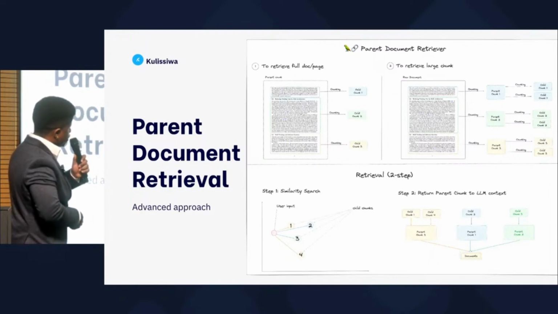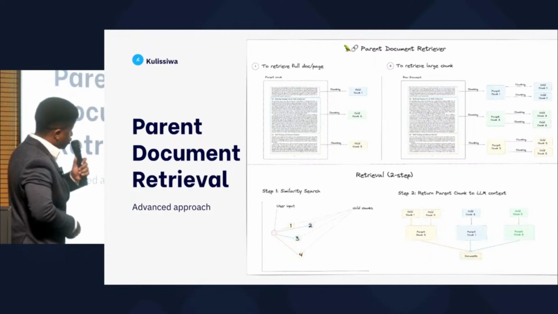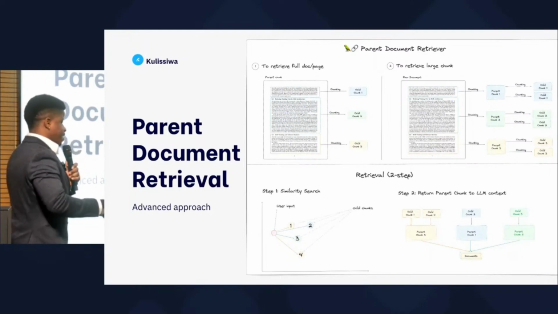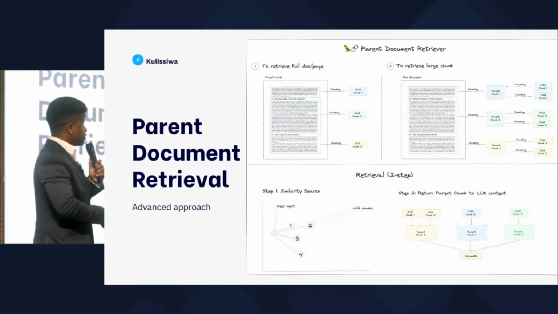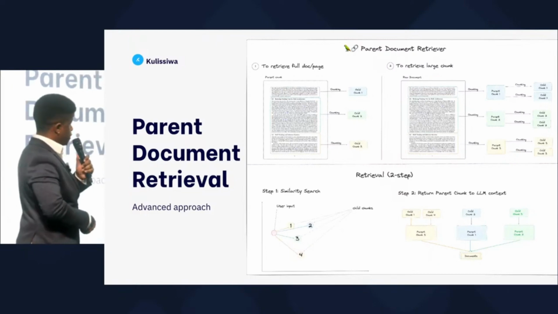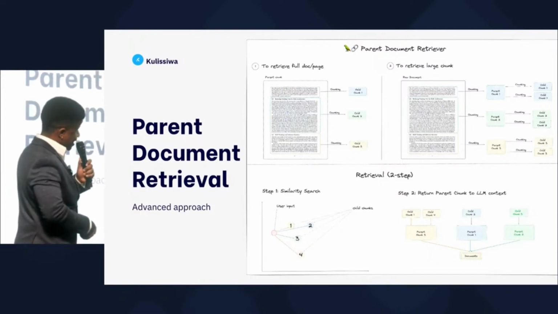So what you do, you create chunks, and each one of these child chunks refers to the parent chunk, which is the entire page. But you might have a different use case where you don't want to return the full page. One thing you can do is create chunks, and those chunks have smaller chunks.